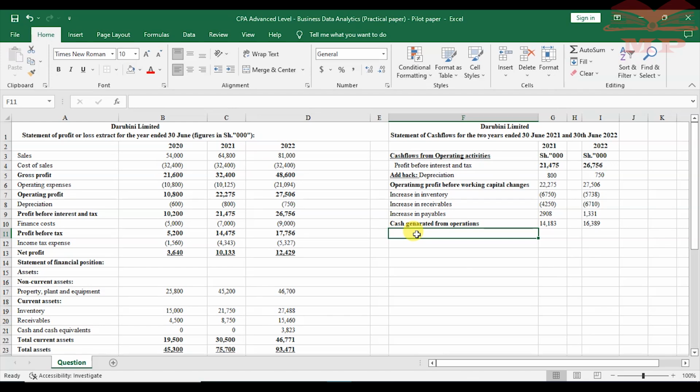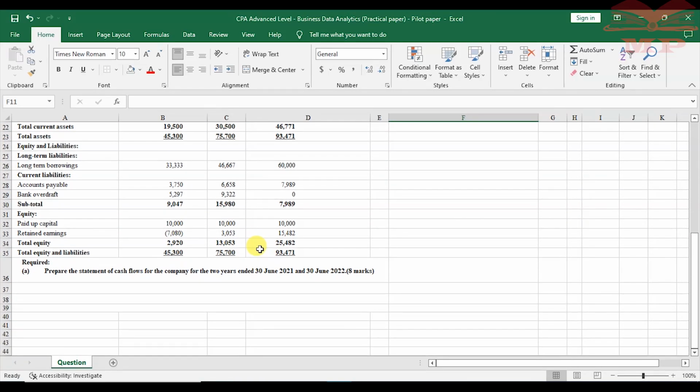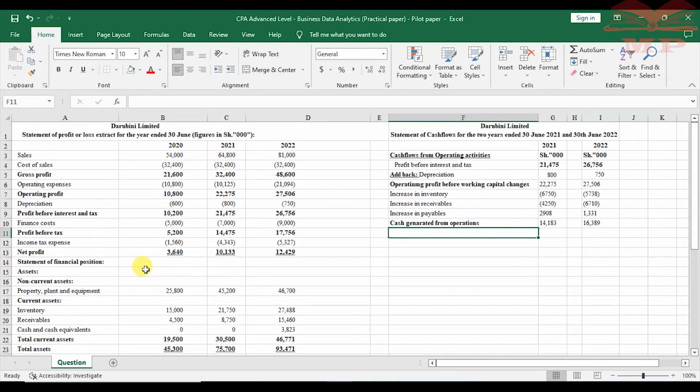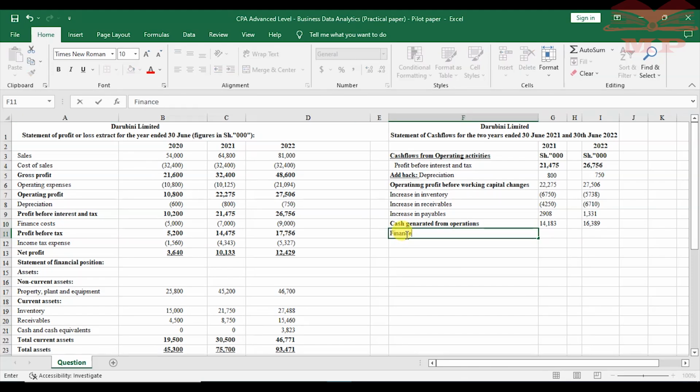Once you have that, we move to finance cost paid and also income tax expense paid. We check if at all there is any additional information that would affect that to necessitate a control account, but there is none. So finance cost paid here will just be what we have here.